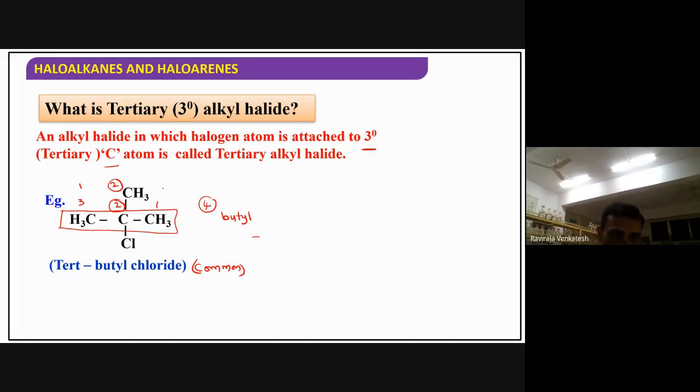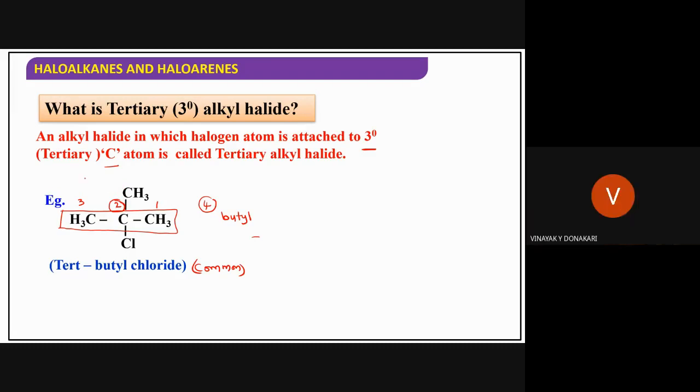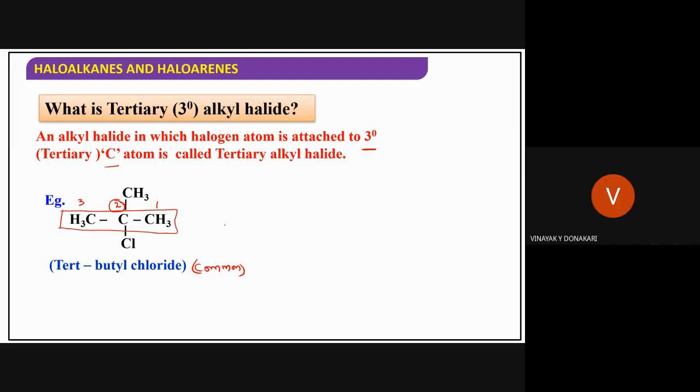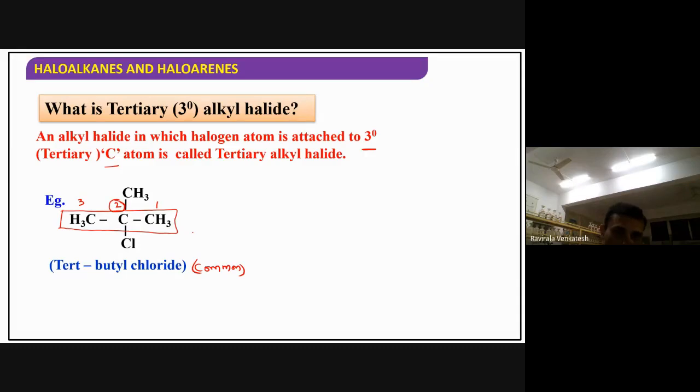Now, will anybody give the answer? Is it 2,2 chloromethyl propane? Why are you getting 2,2? See, very simple here. Is the first carbon having any substituent? Yes or no?